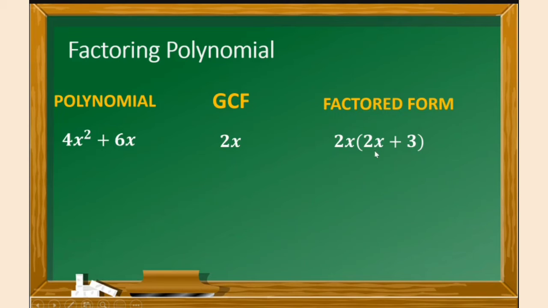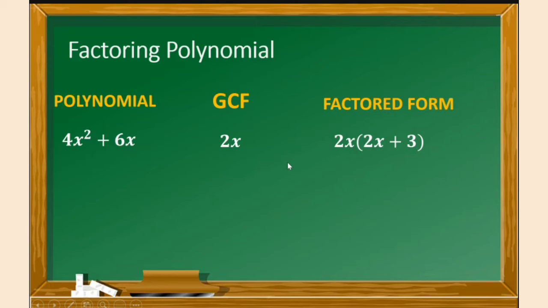2x. And our second term, 6x divided by 2x. So 6 divided by 2, that is 3. Tama? Okay? How about x divided by x, the variable x? So minus, magiging 0 na yon kasi 1 minus 1 is 0. So cancel na yung variable natin.